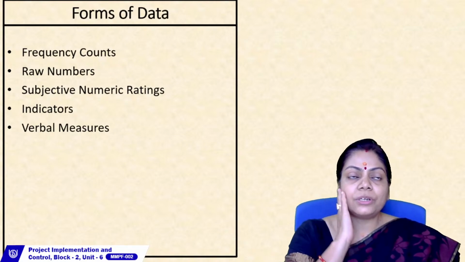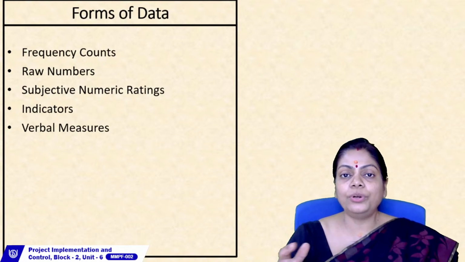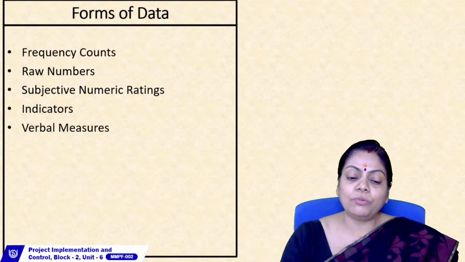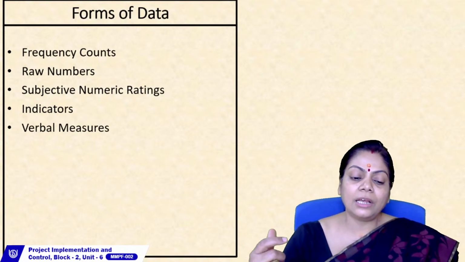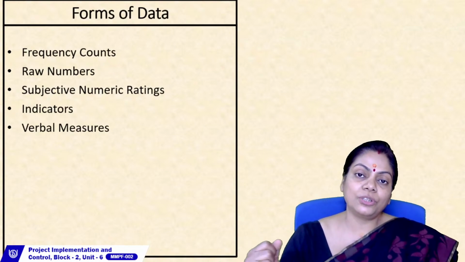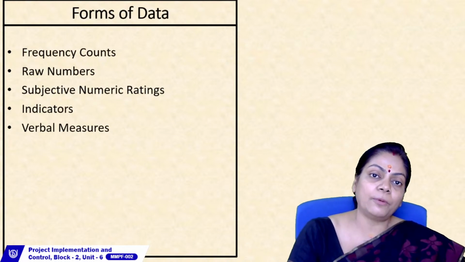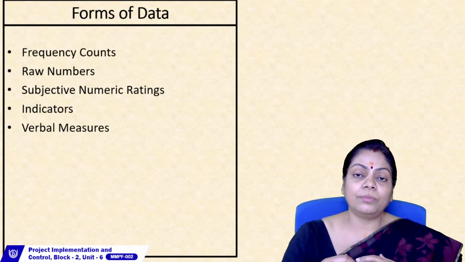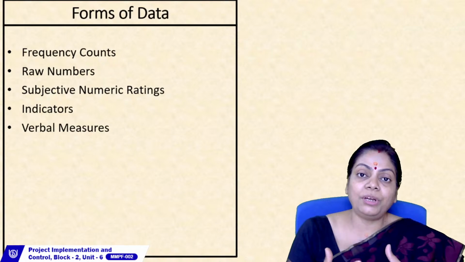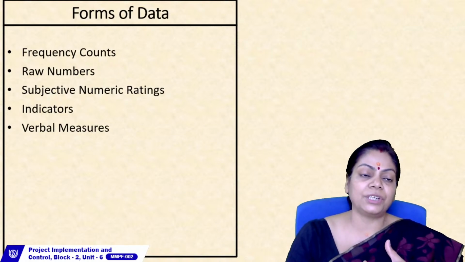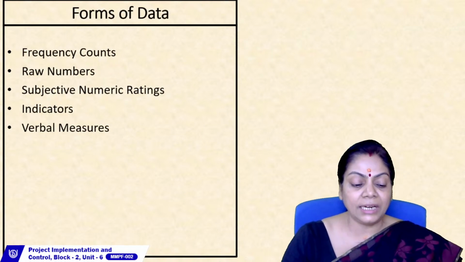Suppose you want to measure the team's efficiency. How do you do it? You look at indicators. The indicator is how quickly the order is being processed, or how quickly, when you suggest a change, the team is able to incorporate it. If they do it really quickly, then the team is performing efficiently. So these are basically indicators.